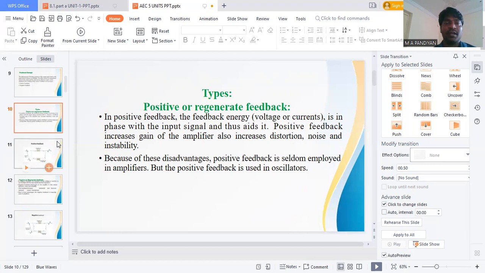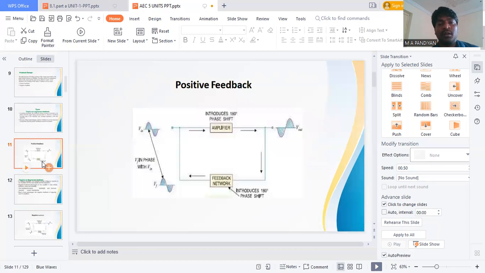In positive feedback, the phase shift is 360 degrees or 0 degrees, and it is used in oscillators. The disadvantages are that distortion and noise increase, and we get gain instability. And we also discussed the block diagram of positive feedback.